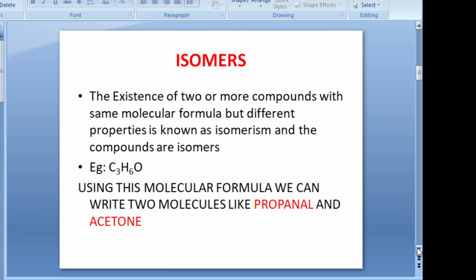From the structures you should be able to identify that the properties should be different. That properties here refers to what? Physical and chemical properties. Using this C3H6O, let us try to draw two different molecules.